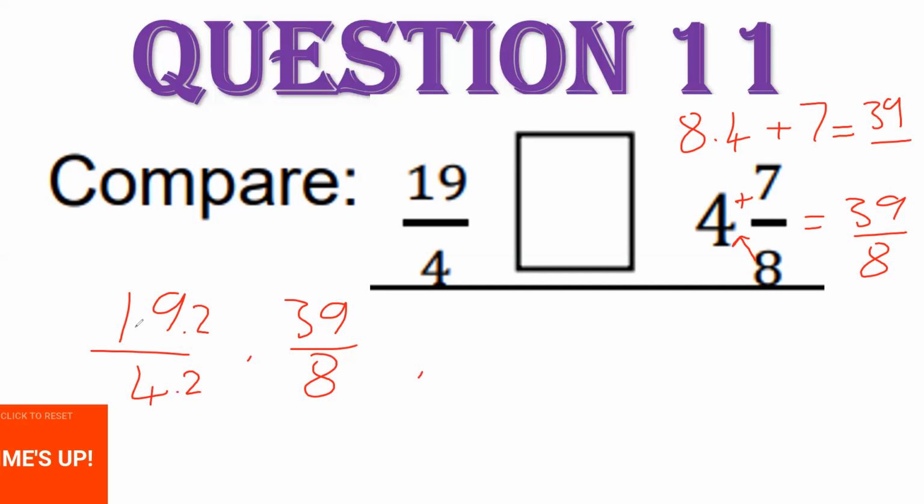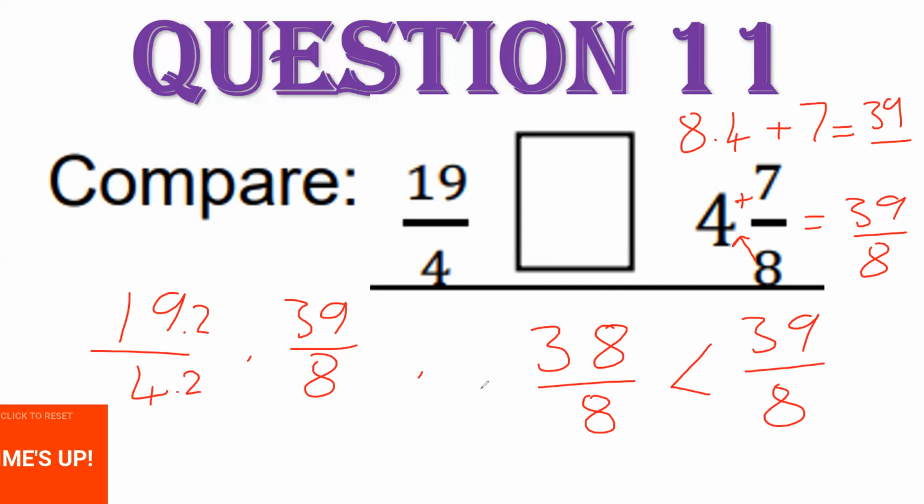So 19 times 2 is equal to what? 2 times 9, 38, right? 19 over 4 becomes 38 over 8, and the other is 39 over 8. Still this one is bigger. Now we are sure about it. Before we only guessed it would be right, but now we are sure, because the 8s are equal, and we have 38 for the first one and 39 for the other one.